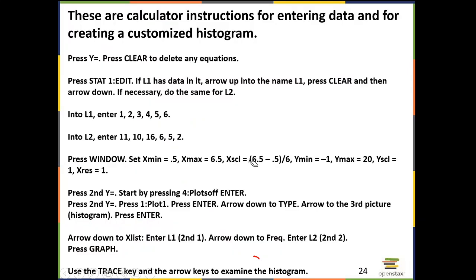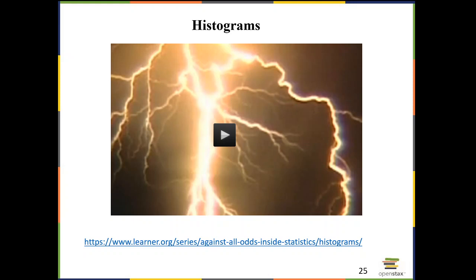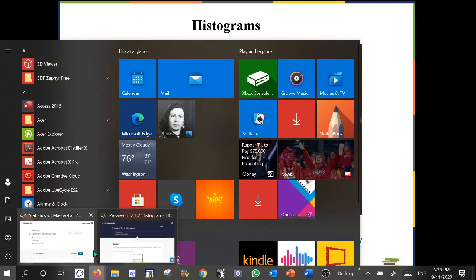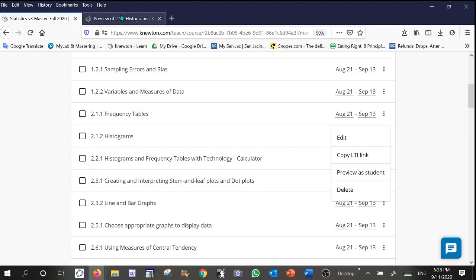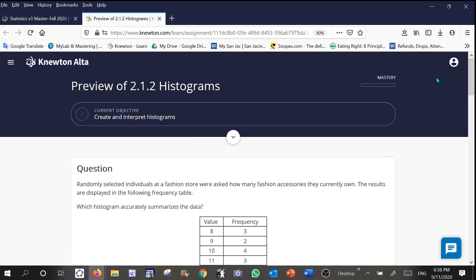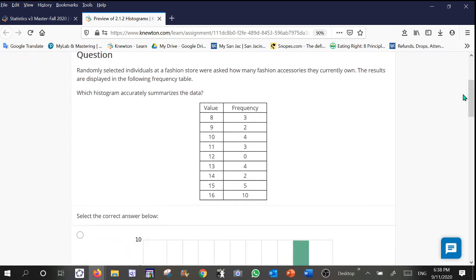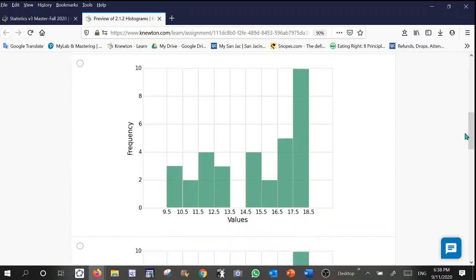All right? So these are calculator instructions in the notes. So I'm going to show an example in Newton Alto. See if I can. So here is an example problem in Newton Alto. You're given a data set with frequencies, and you're told to pick the right histogram.